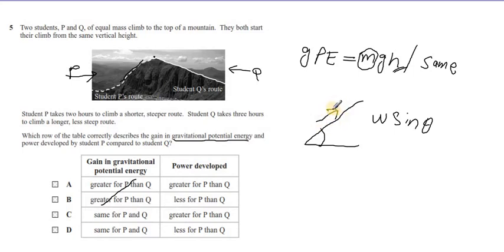So force is greater, that means power generated by P is greater. So the option is C. That means they have the same potential energy, and the power developed by P is more than Q.